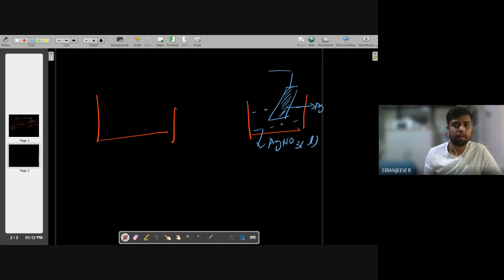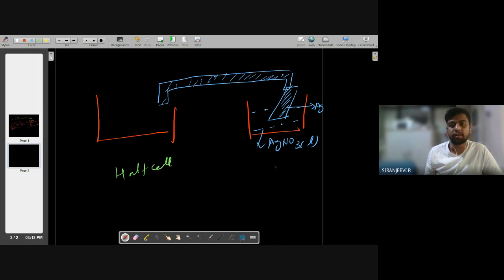Then this is connected through the salt bridge, which has a high salt concentration compared with any half cell. The left side is considered one half cell and the right side another half cell. These half cells are connected to a salt bridge where the salt concentration is so high.